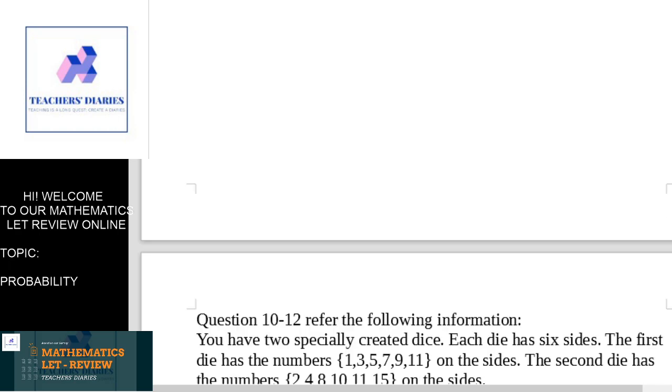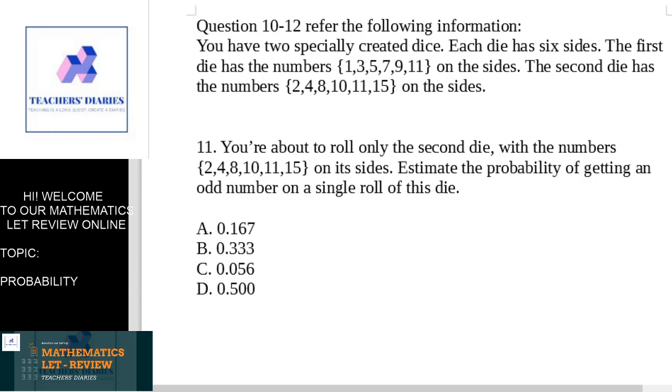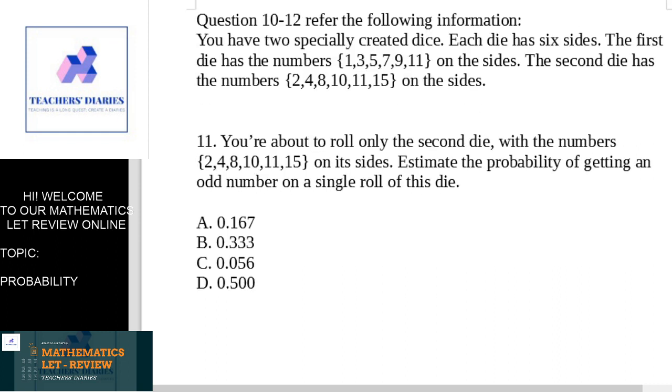Let's proceed to number 11. Questions 10 to 12, refer to the following information. You have 2 specially created dice. Each die has 6 sides. The first die has the numbers 1, 3, 5, 7, 9, and 11 on the sides. The second die has the numbers 2, 4, 8, 10, 11, 15 on the sides. And here is the question.